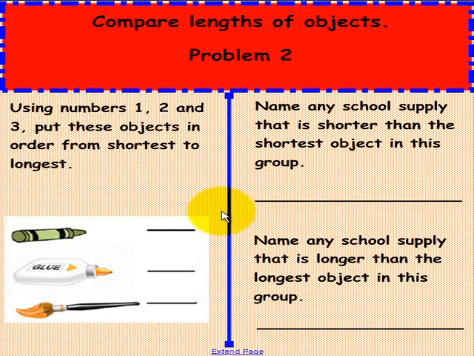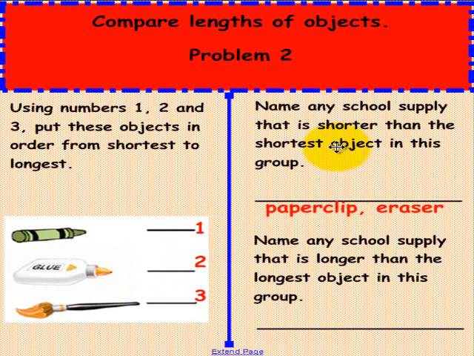Okay, here's what we should have had. The crayon is the shortest, the paintbrush is the longest, and the glue is in the middle. Hopefully you had 1, 2, and 3. Let's look over here.